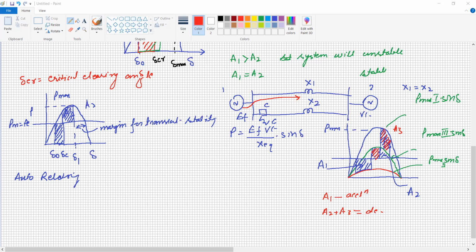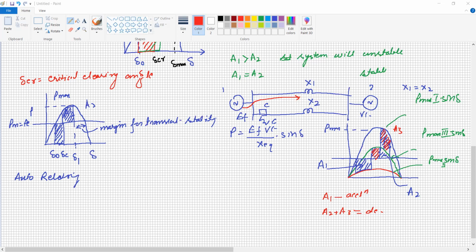So here, the speed of the alternator is going to increase more than the synchronous speed. See, omega is greater than omega s. This is the synchronous speed, and this is the speed of the alternator, so the alternator speed is more.